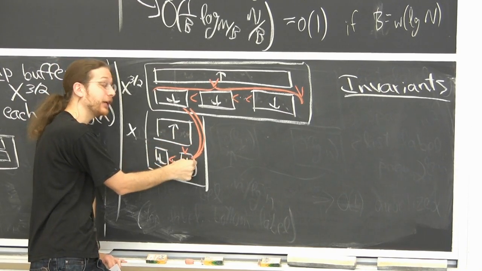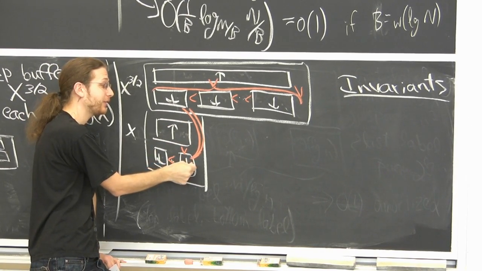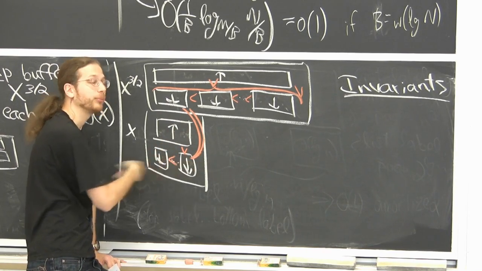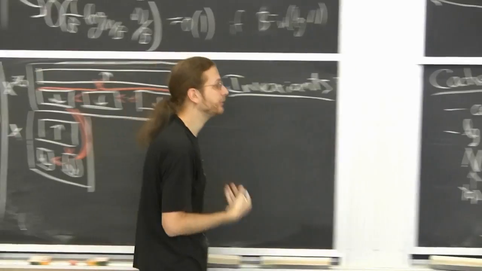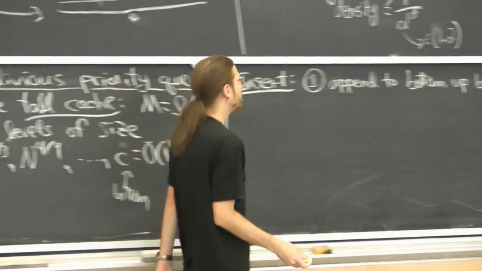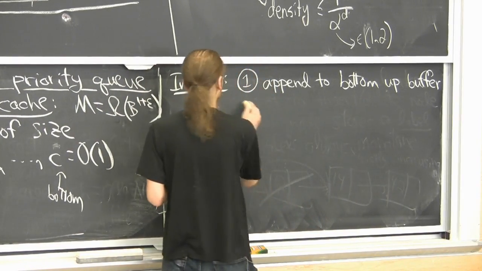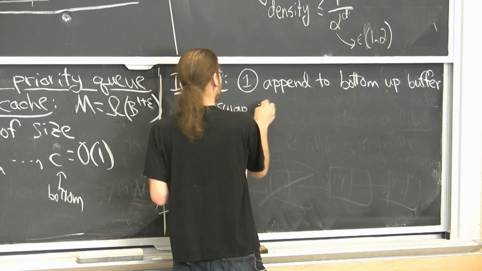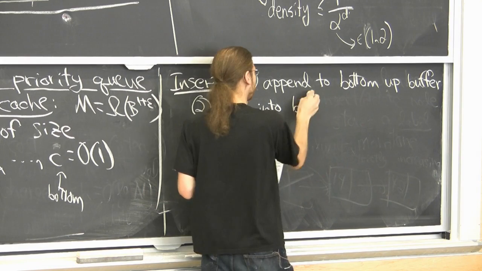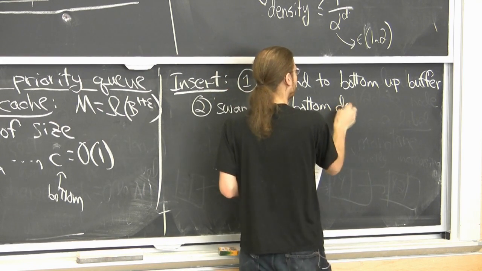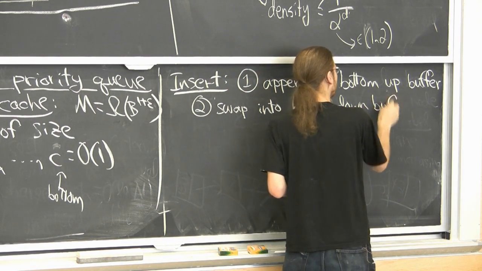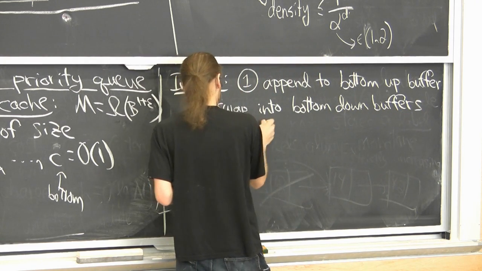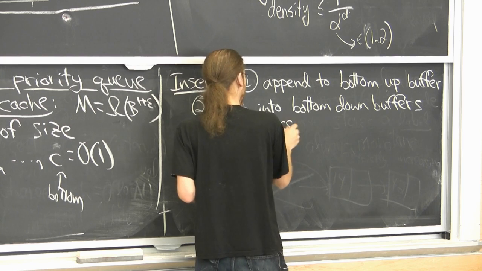As I move the item down here, I swap. So I take the max item here and move it up to here, move the max item from the next down buffer and propagate it up so that I keep these things in order. Swap into bottom down buffers as necessary.